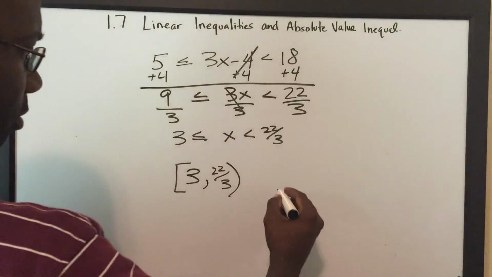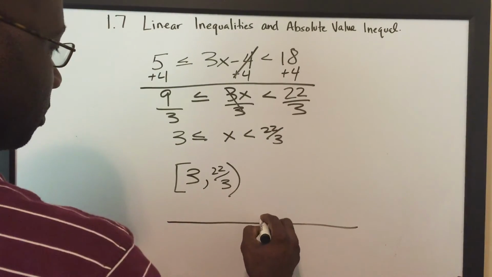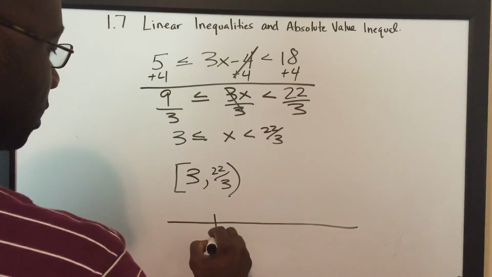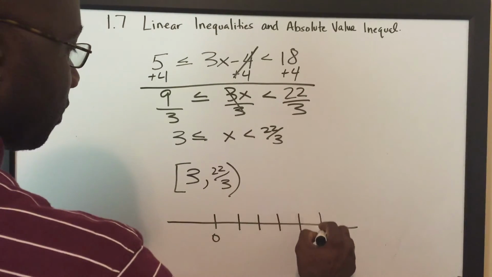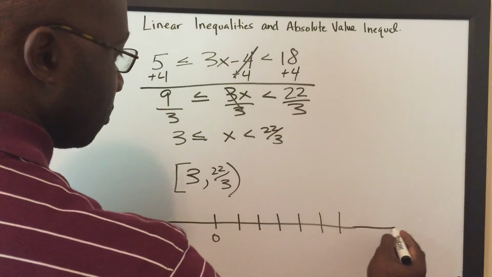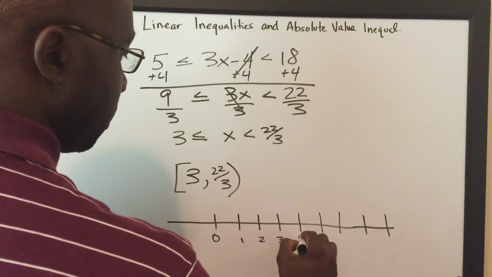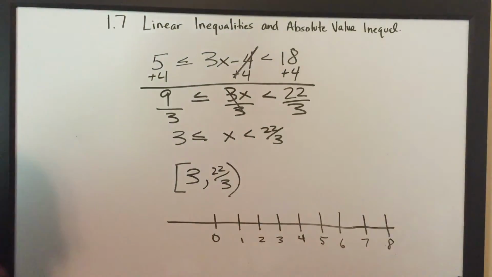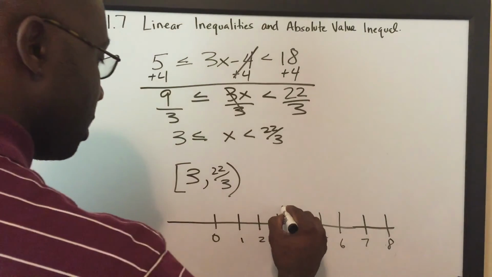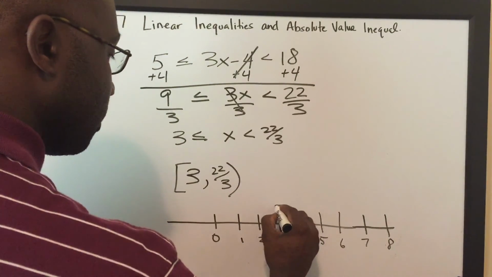So if we graph it, I'll graph it right here. I'm going to say 0, everything is positive, so I can go back here. 1, 2, 3, 4, 5, 6, 7, 8. So my 3, I could put this right here like that.